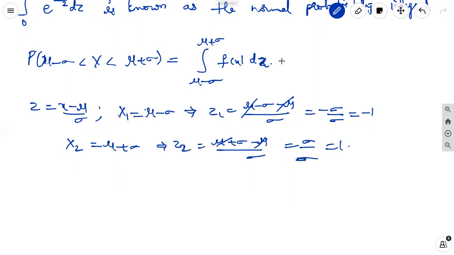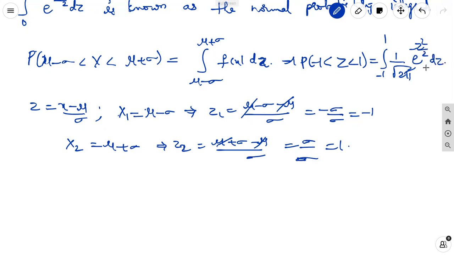So it is nothing but the probability of minus 1 less than z less than 1, which is equal to the integral from minus 1 to 1 of f of x dx, that is 1 by root 2 pi e power minus z square by 2 dz.